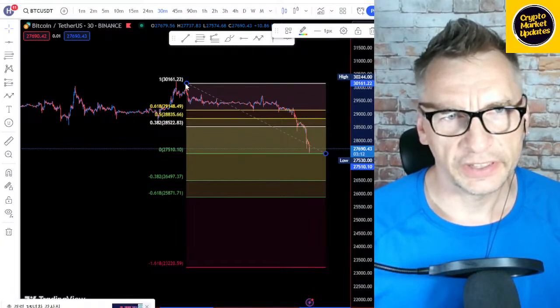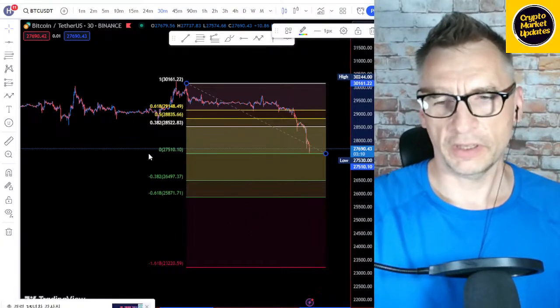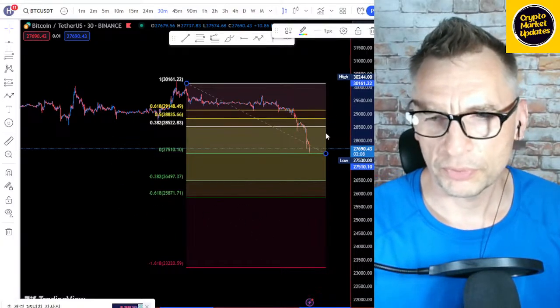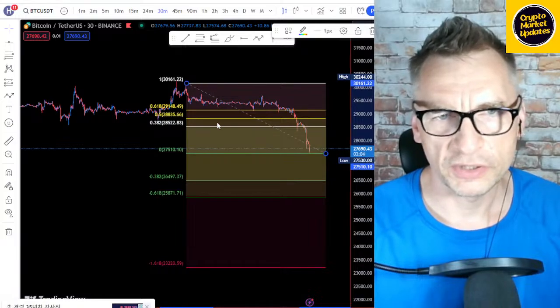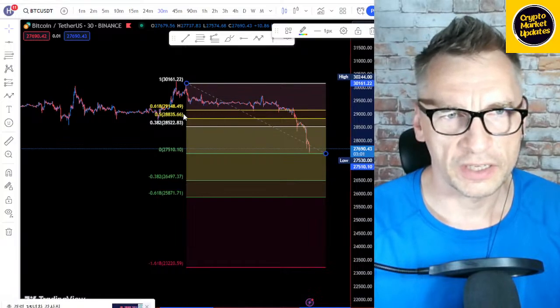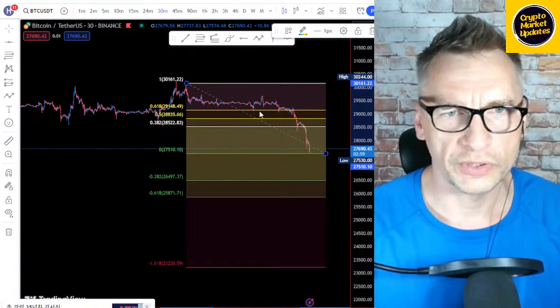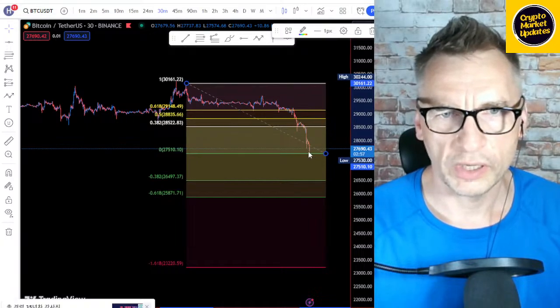So the idea on this one, I guess, is he's talking about the price moving upwards. We're having downward movement. So the gold zone is right here, 0.5 to 0.618.